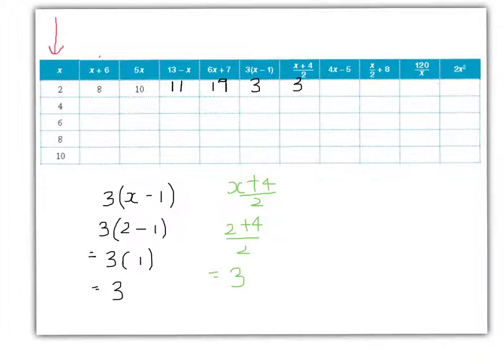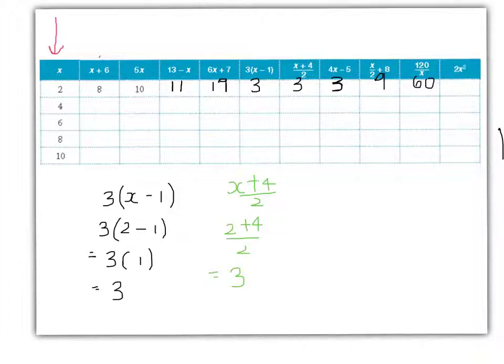Next one along, 4x minus 5. Substituting in our value for x as 2, we'll have 4 times 2 is 8, minus 5 is 3. Next one along, x divided by 2 plus 8. 2 divided by 2 is 1, plus 8 will give us a value of 9. 120 divided by x, so 120 divided by 2 will give us 60.